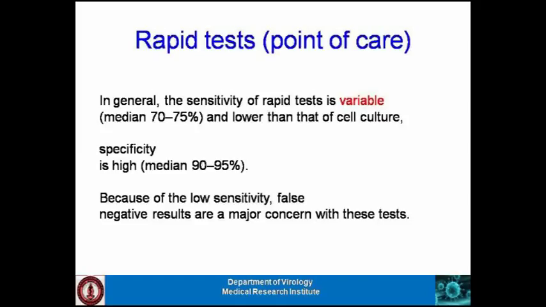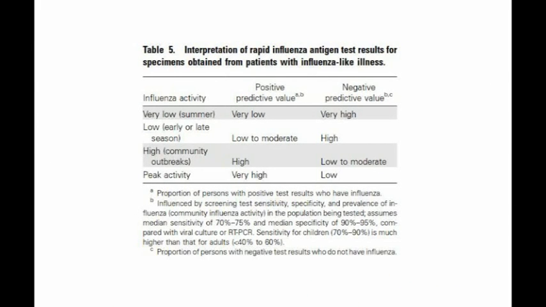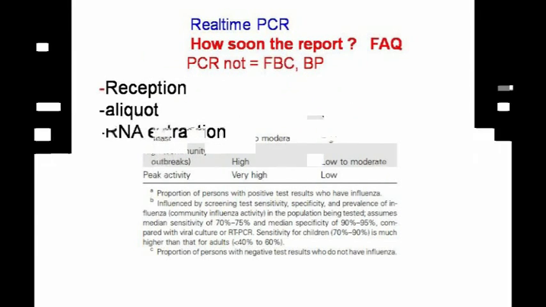Their sensitivity is very variable, not optimal, but specificity is high, especially in a given outbreak, or the positive predictivity at peak activity or in a community outbreak. You can use it the first time. Then of course if it is negative, you have to confirm it by PCR.